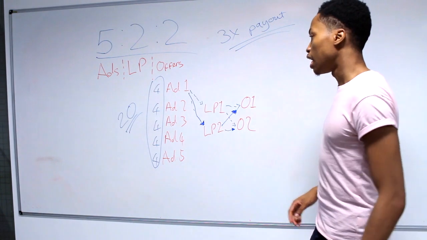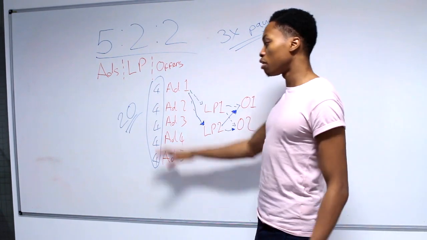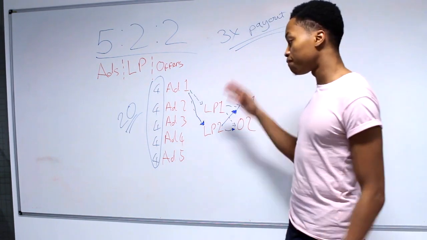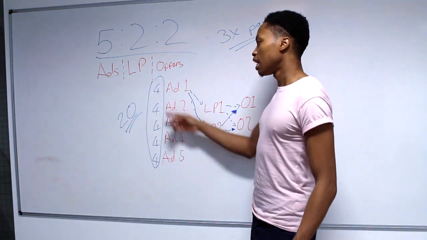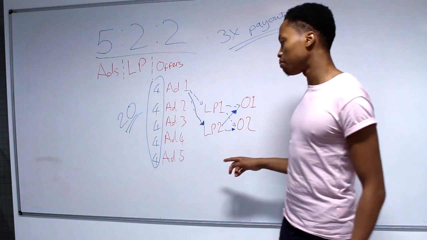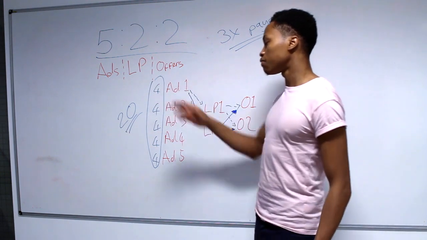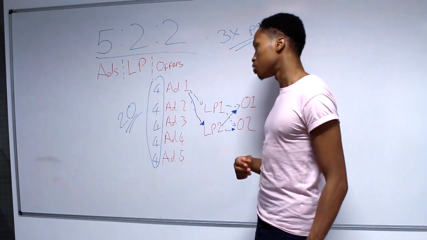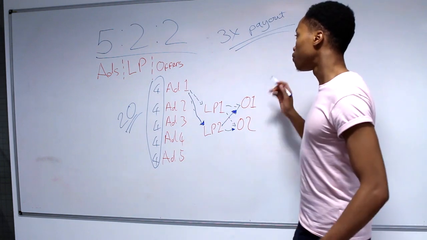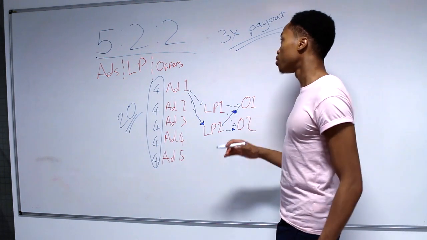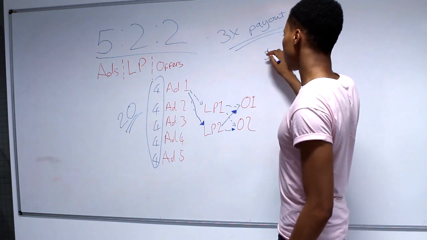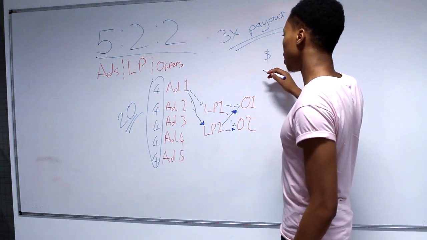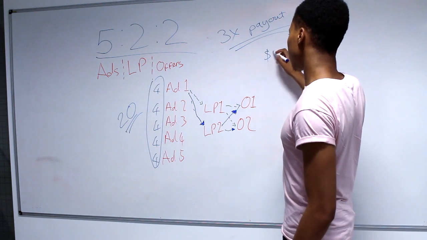I'll get you going. But just look at the amount of variations that we have right now. We have 20 different combinations, right? We have 5 ads, and each of these ads to each of these 2 landing pages, each of these 2 offers, there's 4 different combinations that can be profitable or not profitable. Okay? So let's say, for example, if we were to start off with an offer that paid out, let's say $2. Let's just say, for easy math, $5.